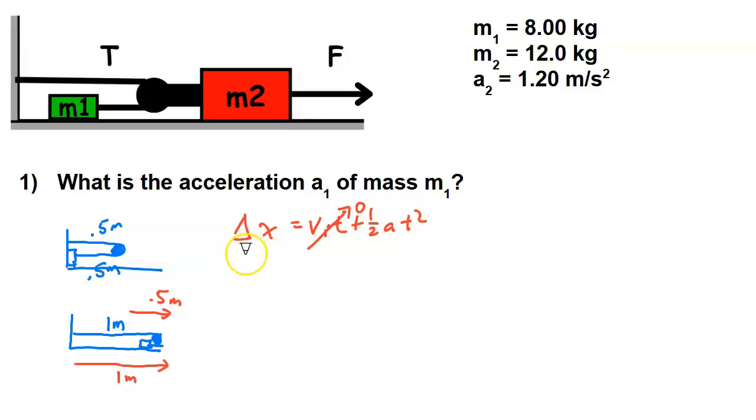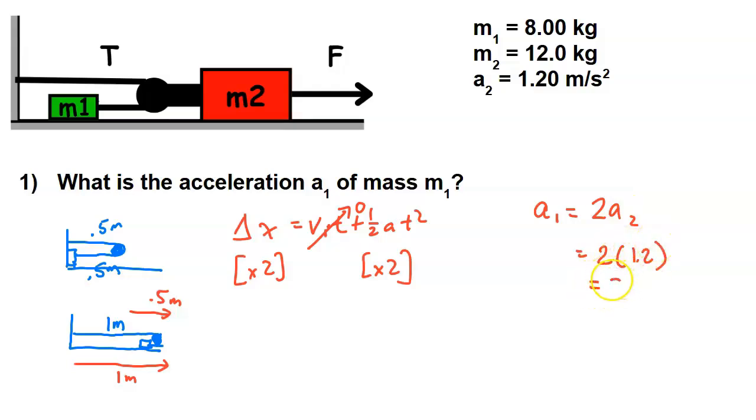That means if I double the distance that it moves in the same amount of time, the acceleration has to also double. So A1, the acceleration of mass 1, is going to be 2 times A2, which means 2 times 1.2, which gives us 2.4 meters per second squared.